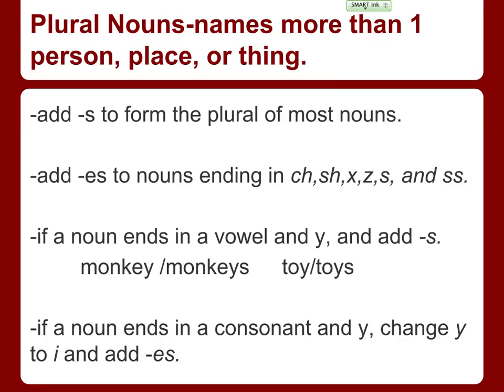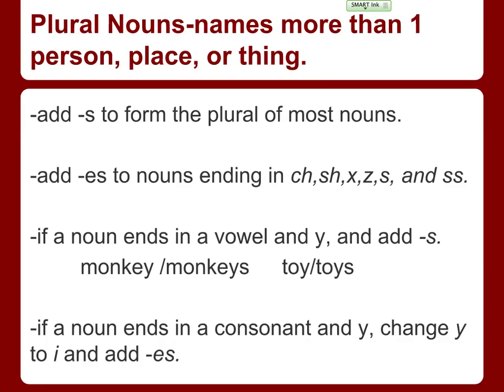So, we have a person, a place, or a thing. Now, to make something plural, you are supposed to add an S to form most of the plural nouns. So anytime we say, I'm going to go buy a pencil at the book fair, to buy more than one pencil, I would say I am going to buy some pencils.